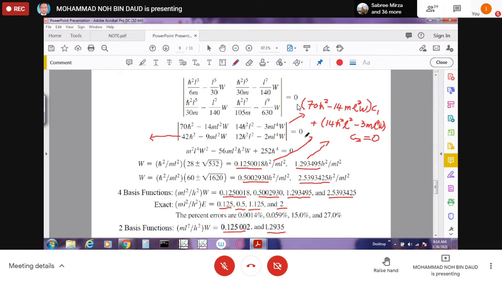So we substitute this first energy, first root, into this equation and this as well here, the second simultaneous equation.